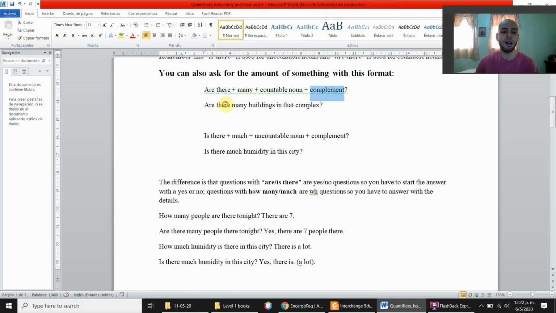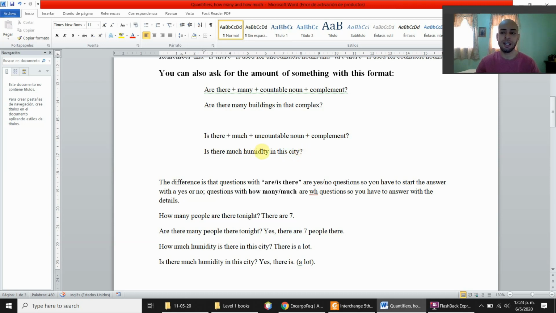For example, are there many buildings in that complex? The other structure with much: is there much plus uncountable noun plus complement? Is there much humidity in this city?